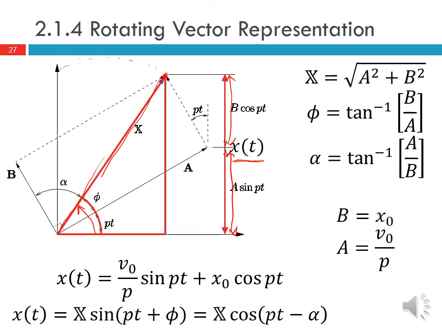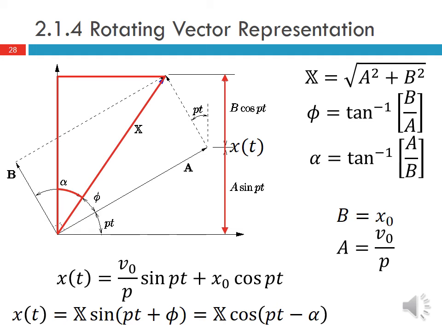So we can also see that x of t is equal to the vertical component of this triangle highlighted here, which is x, this magnitude, sine pt plus phi. So this angle here is pt plus phi. So you can see that this is the height that can also be written in that way. Alternatively, this height would be equal to x cosine pt minus alpha. So looking at this vertical component here, this whole angle is alpha.